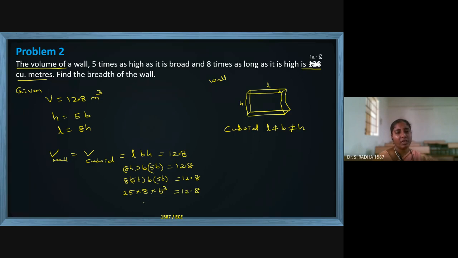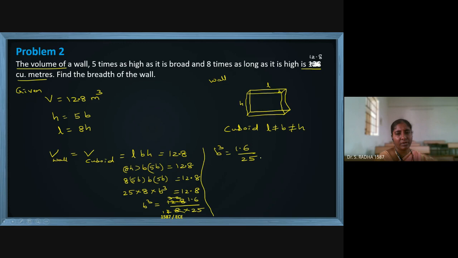Then B cube is nothing but 12.8 divided by 8 into 25. If you cancel with 4, numerator is 3.2. Again cancel with 2, it is 1.6. What I am left with is B cube equal to 1.6 divided by 25.